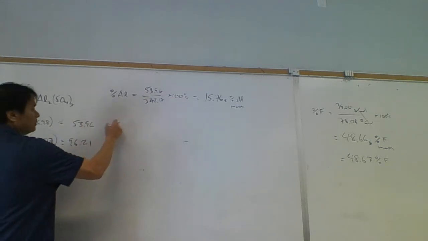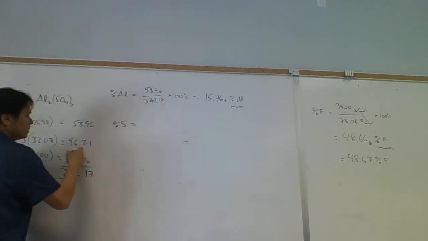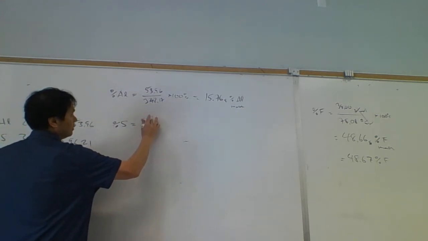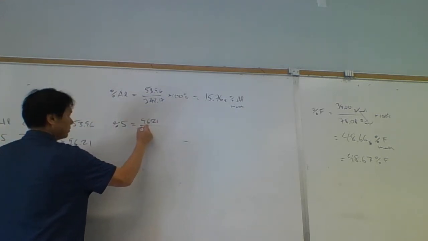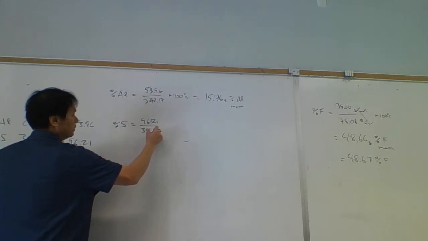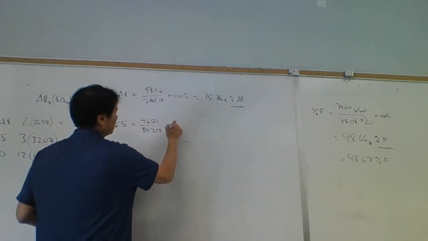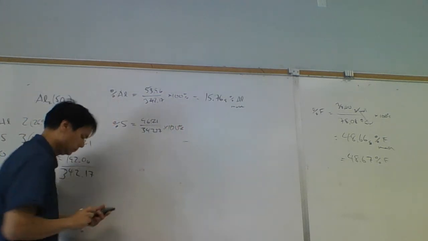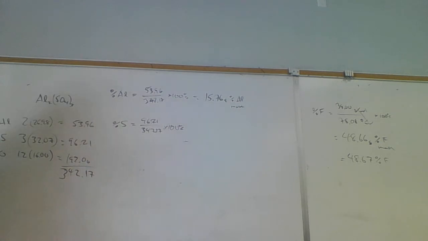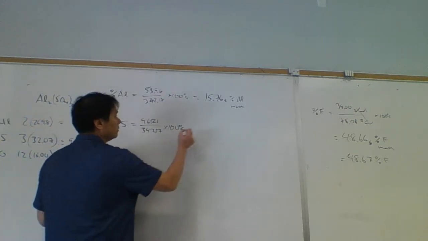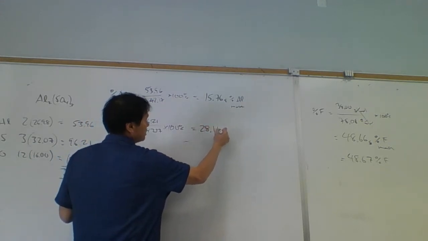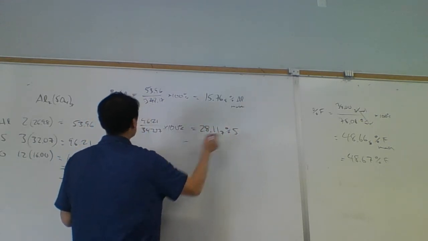Then we'll go to percent sulfur. It's going to be 96.21 divided by 342.17, times 100%. 28.117% sulfur.